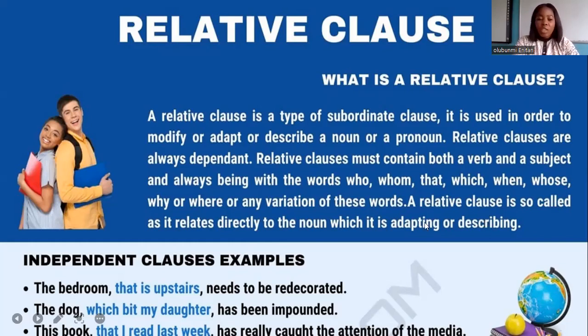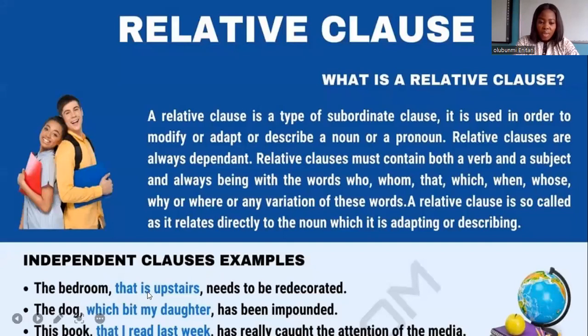A relative clause is so called because it relates to the noun that it is describing. There will always be an antecedent, a noun or a pronoun that the relative clause is giving you more information about. So let's look at some examples.